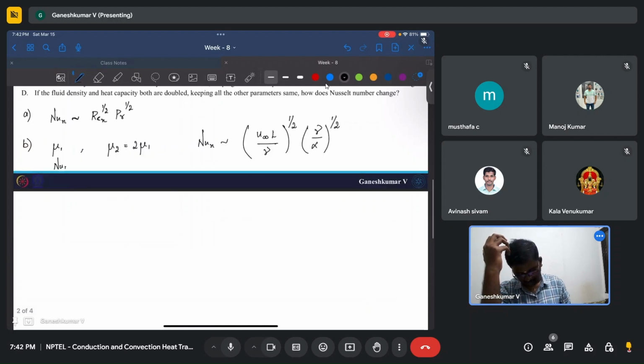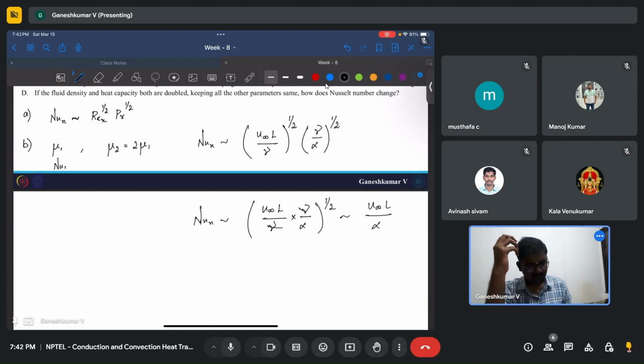Now you can simplify this further. U∞L by ν times ν by α, the ν gets cancelled, so this goes as U∞L by α. Alpha is k by ρCp, so this is nothing but U∞L by k into ρCp.